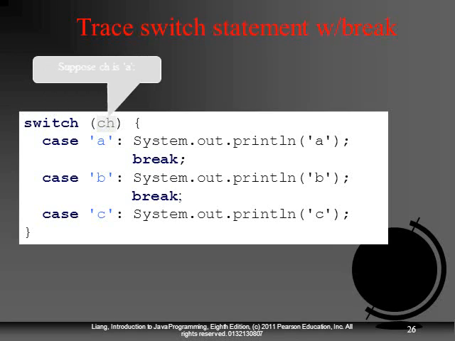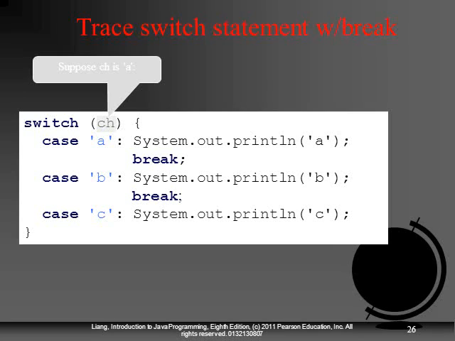Okay, we have the same scenario. ch is still an a, but notice we've added a break to each of our case code blocks. It's not necessary that the code blocks be enclosed in braces here. You could, and it wouldn't change anything.